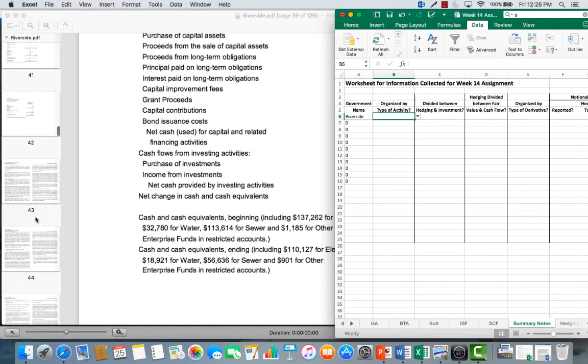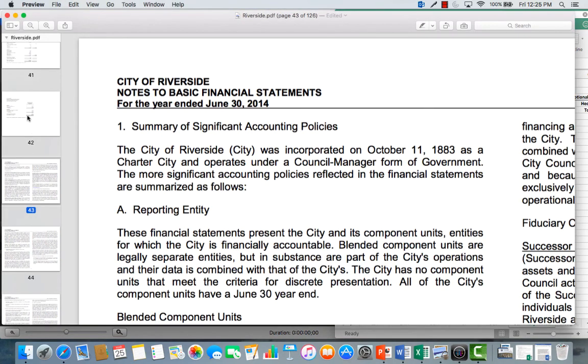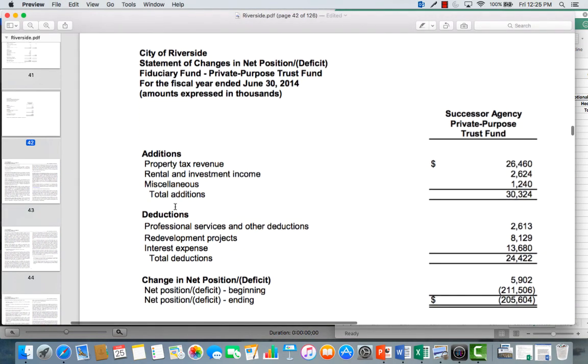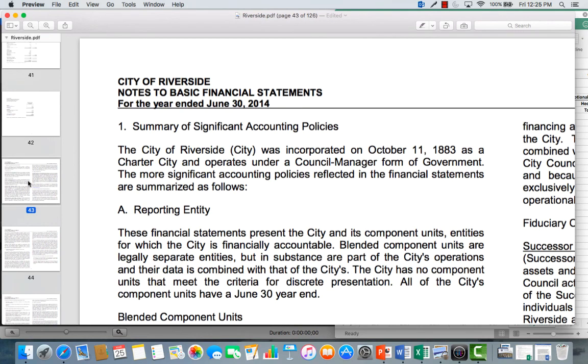If you once again scroll down here, you can usually see where the notes begin because you're getting past things that look like financial statements and into really heavy text. One place where you might see something about deferrals, I mentioned that before, where they are showing a single number, where you might see the breakout might be in the first note, the summary of significant accounting policies.